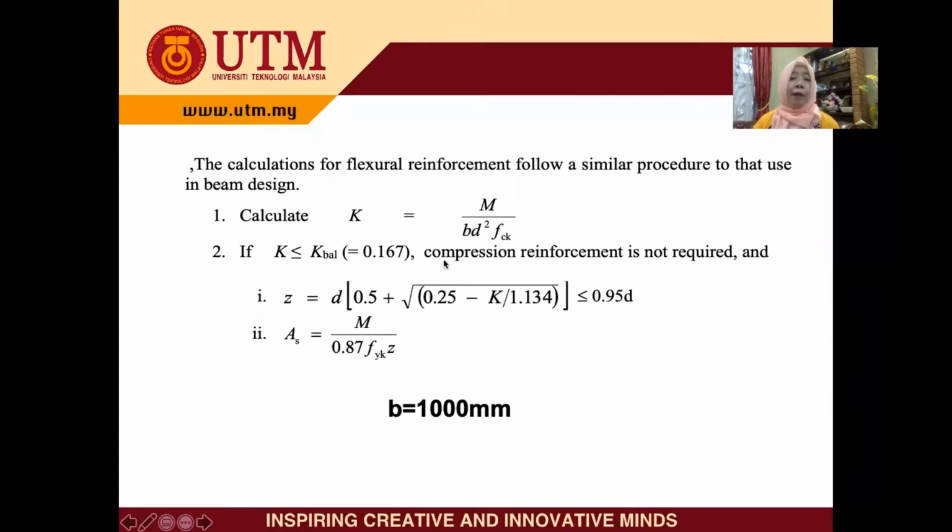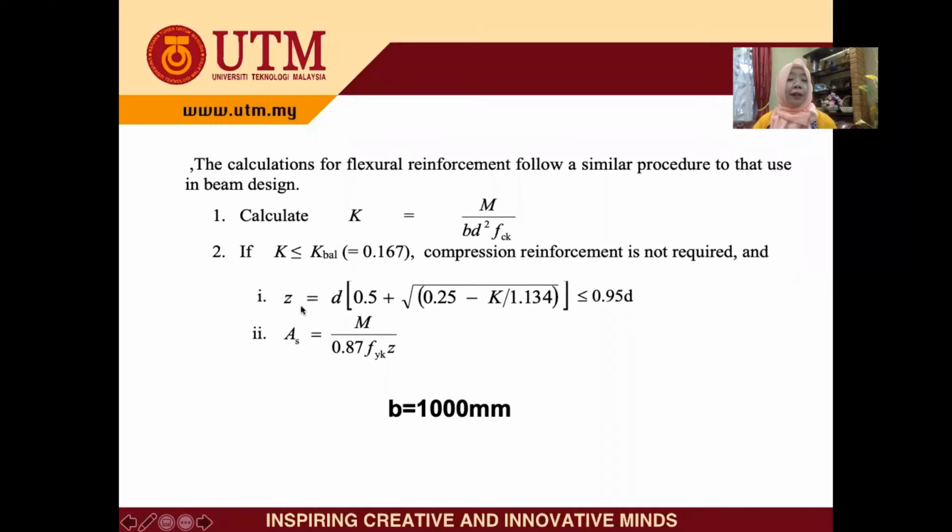For the slab, basically we don't require compression reinforcement. Therefore, if you do the design and you find that K is greater than K balance, there must be something wrong with your calculation. So you need to check whether your B is 1000 or another value.